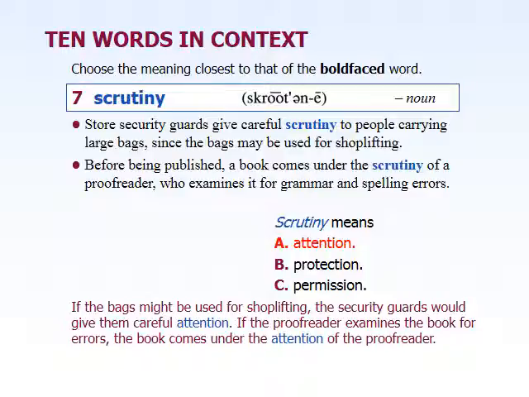It actually comes from the verb to scrutinize, which means to look at carefully, normally to find mistakes or to find problems. So, if you go to the airport, they say that there are just sort of random security checks.